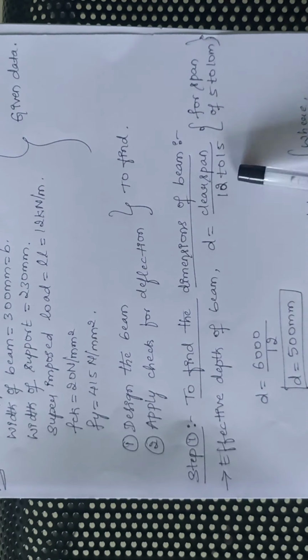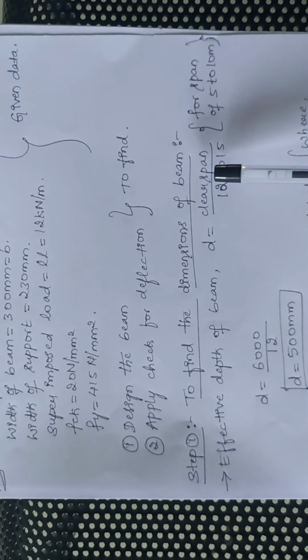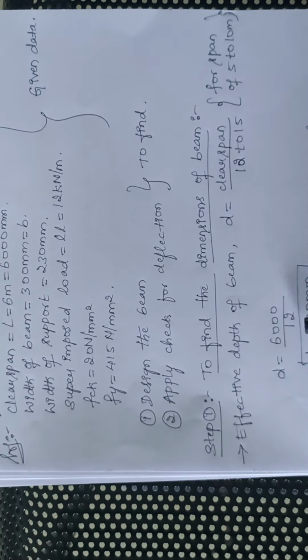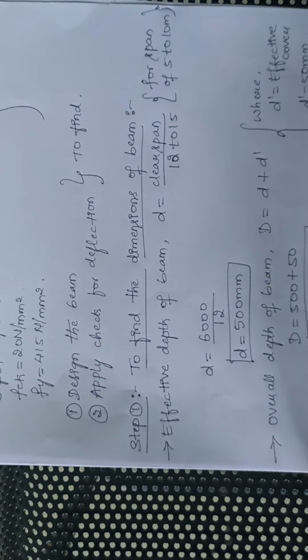Now, by considering the first value, we will be finding the effective depth d is equal to clear span that is given in the question, which is 6000 mm. Just substitute it as 6000, that divided by 12. Now on dividing these two values, we will get a value of d 500 mm, which gives you the effective depth value. Now from the effective depth, we will find the overall depth of the beam.